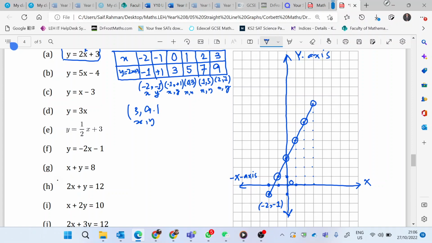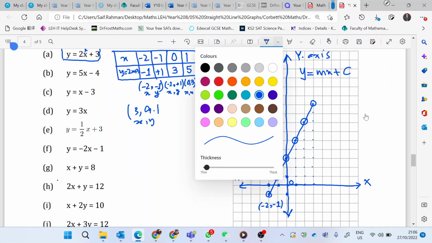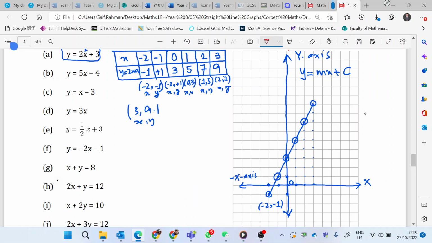In this graph, if you want to go one step ahead, you can also predict the equation. The equation is y is equal to mx plus c. This is the general equation of a straight line. In this general equation, c is the y-intercept.